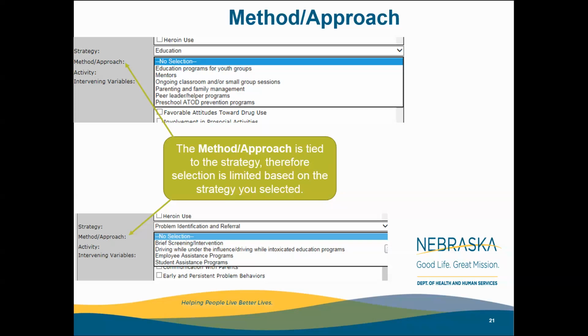So these will remain the same until SAMHSA changes them. So do your best. If you need help in categorizing a method or approach, please feel free to contact your regional prevention coordinator or myself, and we are happy to provide you TA on thinking through what the best category is on that.